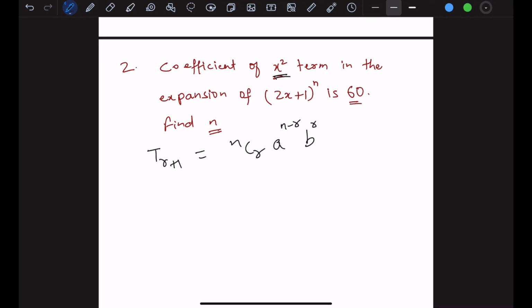In what is given, our a is 2x, and I want the power of x to be square. That means the power of a to be square. So n minus r has to be equal to 2.